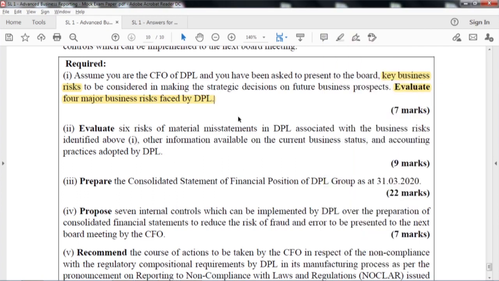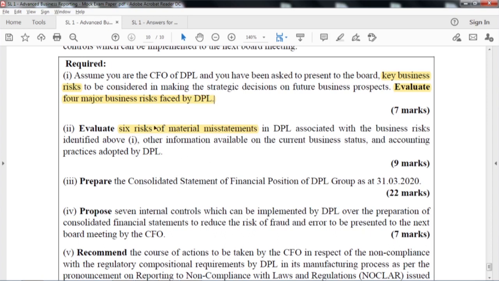And so, this 7 marks should be very easy, and the beauty is that when you read the next question, here there are 4 and I am sure there are more than 4, and here there are 6 risks, right. Again, the action verb is evaluate 6 risks of misstatement, associated with the business risks identified above, and other information available on the current status and accounting practices.